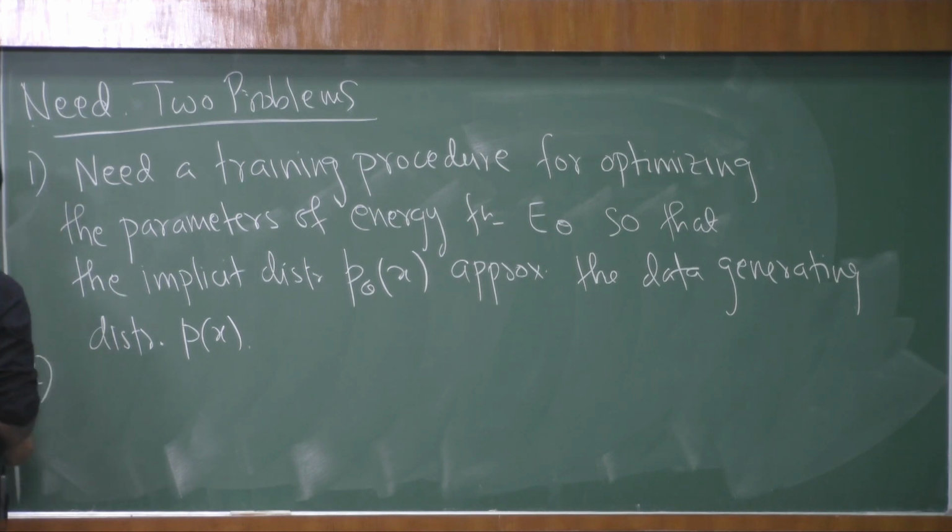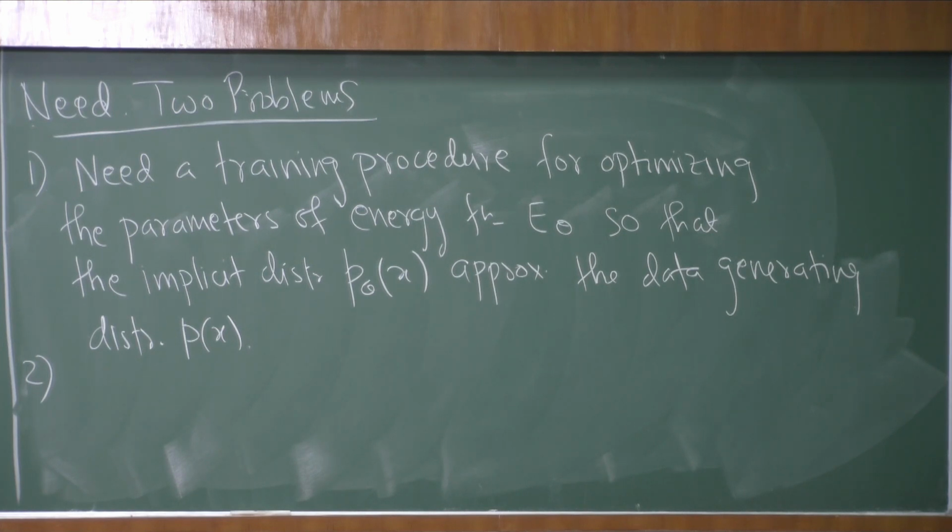And the second one is we need a sampling procedure to draw samples. Once I have p theta, let's say I have learned a generative model p theta, the question is how should I sample from this distribution, given that I know E theta and I don't want to compute Z theta because Z theta is challenging.